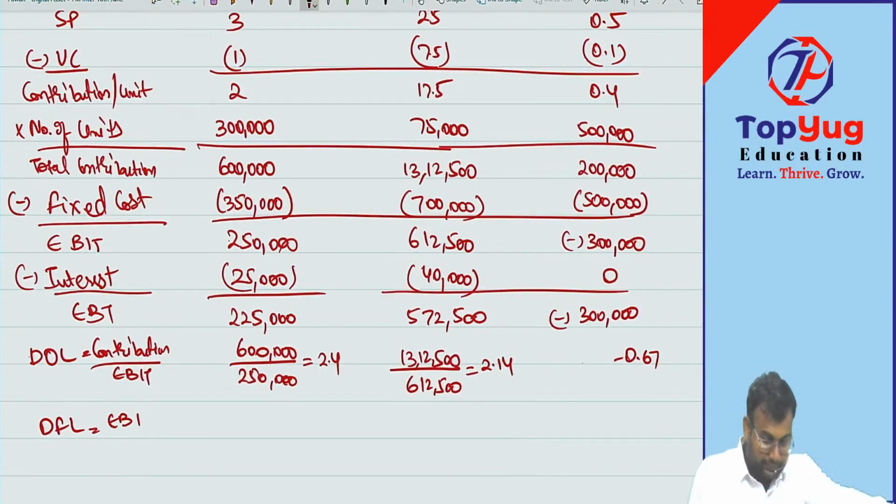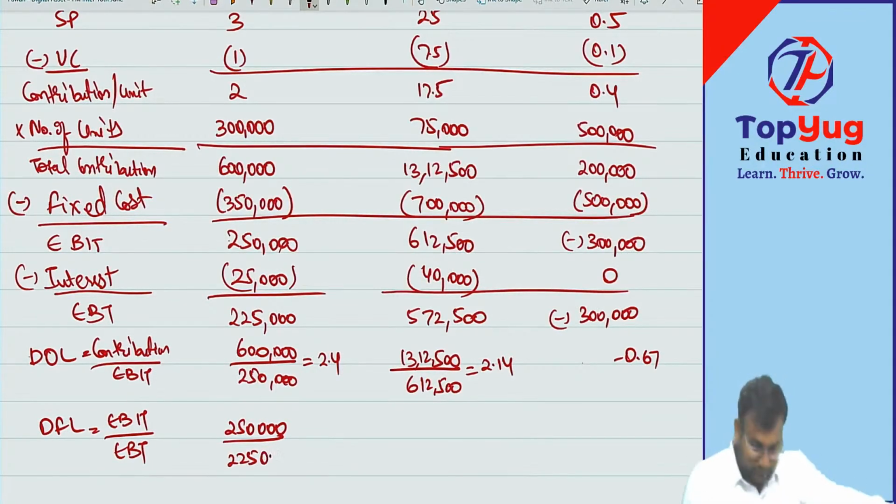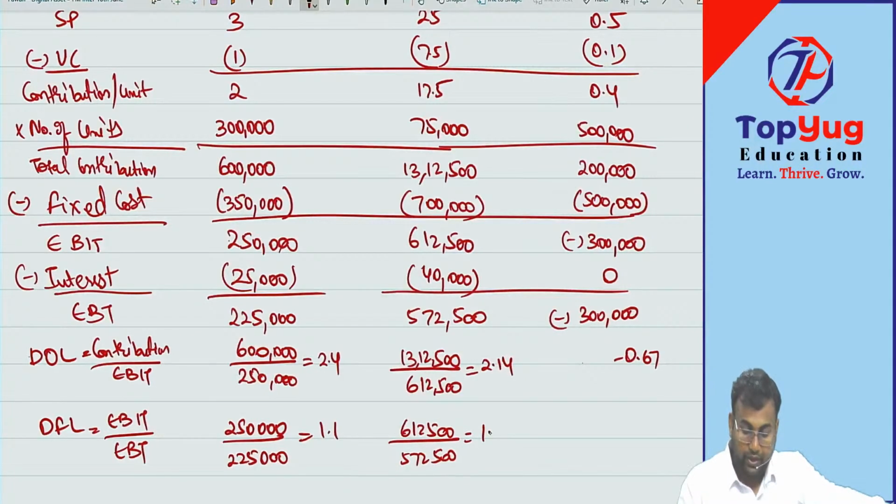Again DFL, so how much? 1 point. One point.